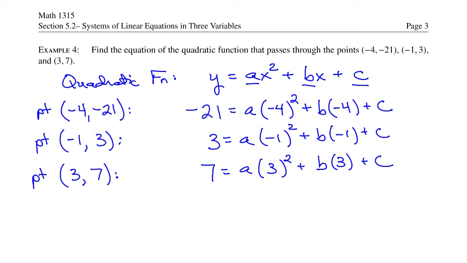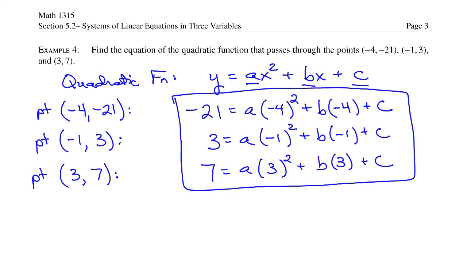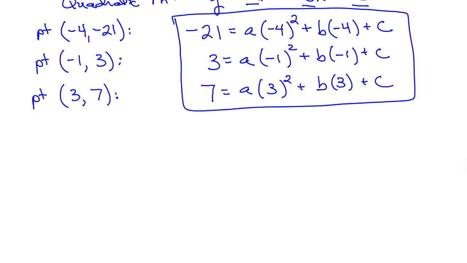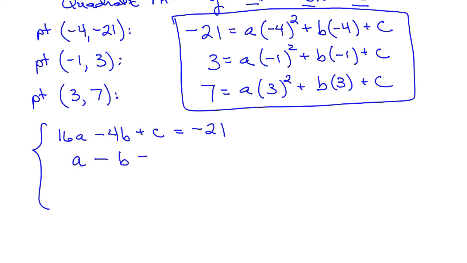And now we're going to take these three equations and turn them into the system that I want to use to solve for a, b, and c. So the system would be 16a minus 4b plus c is equal to -21. (-1) squared is +1, so that's 1a minus b plus c is equal to 3.